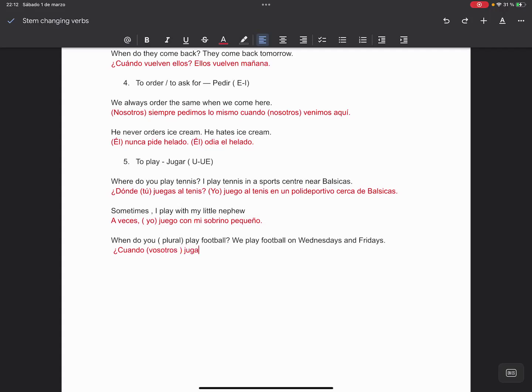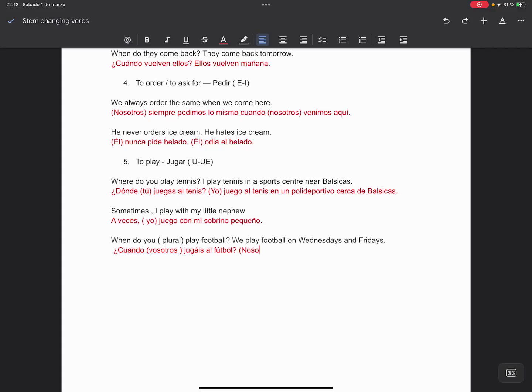Vosotros jugáis al fútbol. ¿Cuándo jugáis al fútbol? Sí, the predictive text is asking me to omit the vosotros. It detects that it is unnecessary, but I'm going to leave it there for you. Okay? ¿Vale? ¿Cuándo jugáis al fútbol?